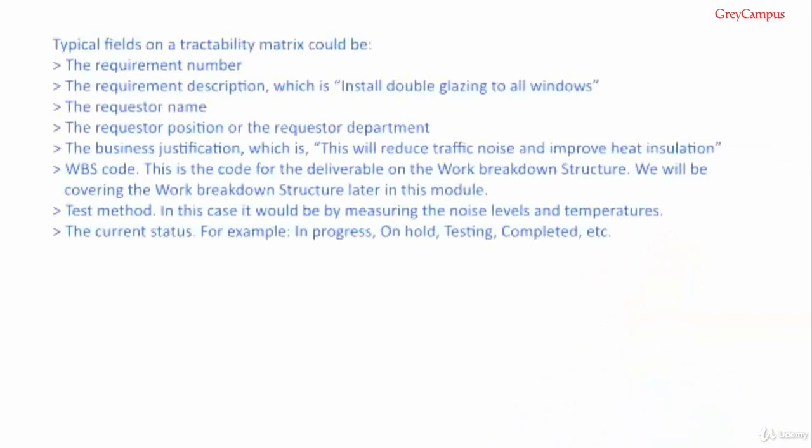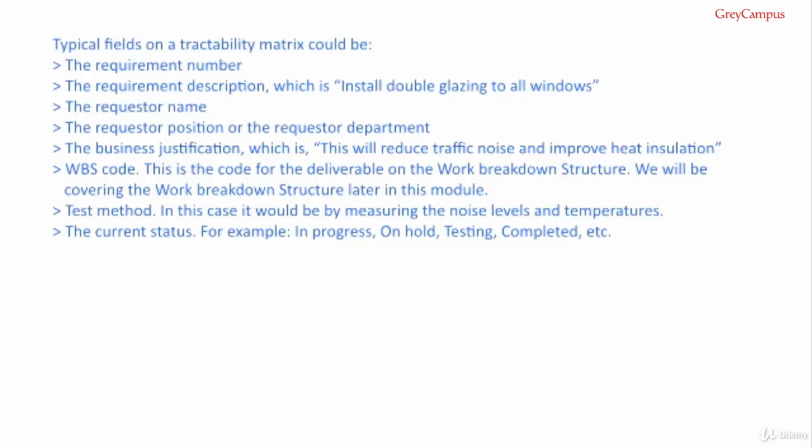This is approved through the change management process system, and a row is added to the traceability matrix, and the typical fields on the traceability matrix would be the requirement number, the requirement description, which in this case is install double glazing into all windows, the requester name, which was the team member who requested, the requester position or requester department, the business justification, which is that this will reduce traffic noise and improve heat insulation, the work breakdown structure code.